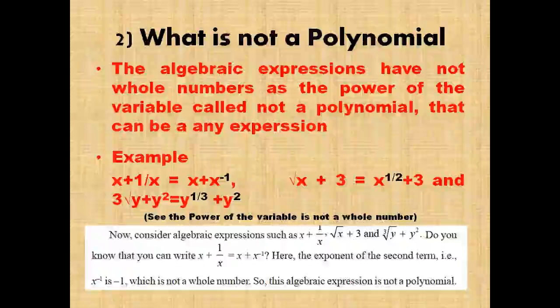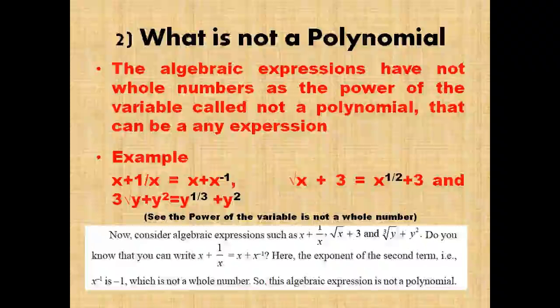Example, x plus 1 by x. In the 9th standard we studied that 1 by x is equal to x power minus 1. If a variable is in the denominator, whenever we move it into the numerator, its power changes sign: negative becomes positive, positive becomes negative.